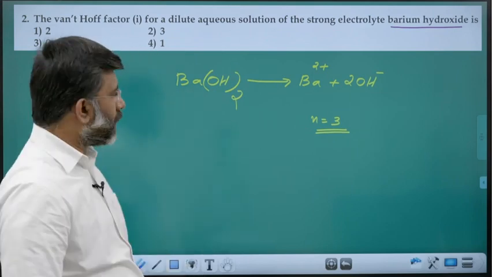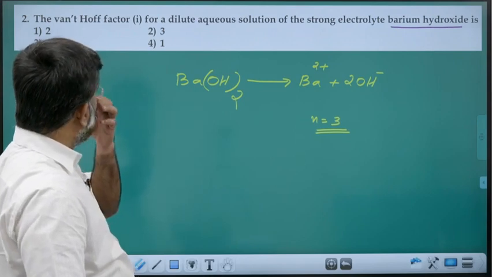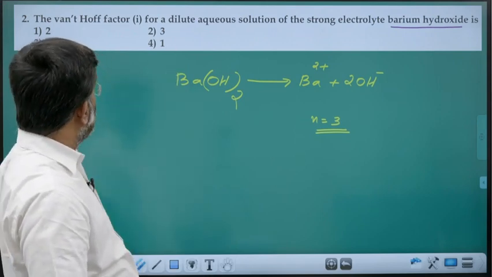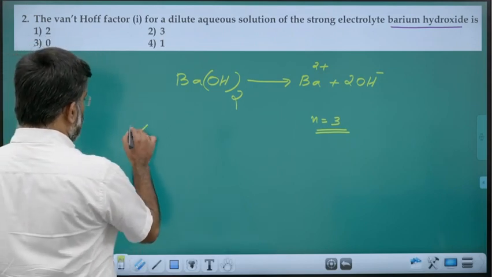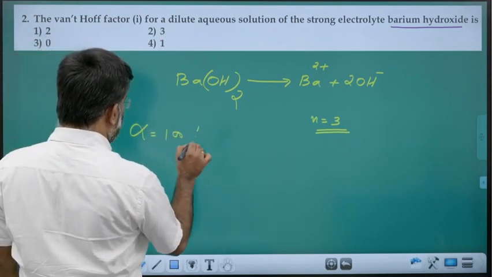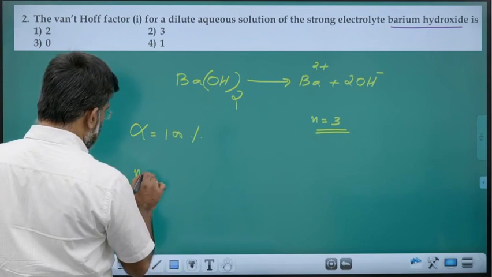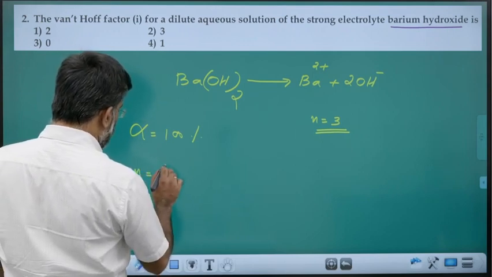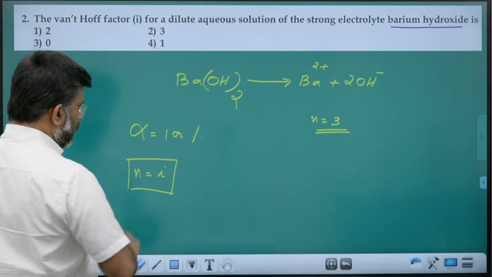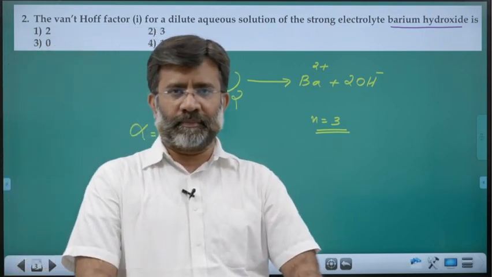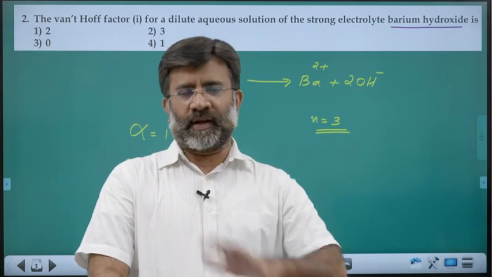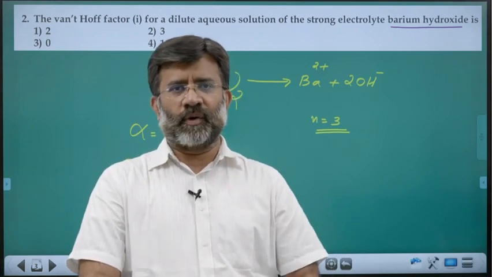3 ions you get. And I am sure all of you understand, for a strong electrolyte dilute solution, it is alpha equal to 100%, and at that situation, n is equal to i. n is equal to i. When the degree of dissociation is 100%, alpha is 100%, n is equal to i.